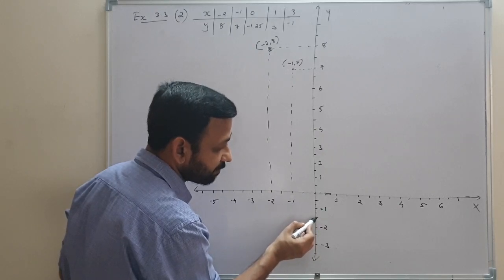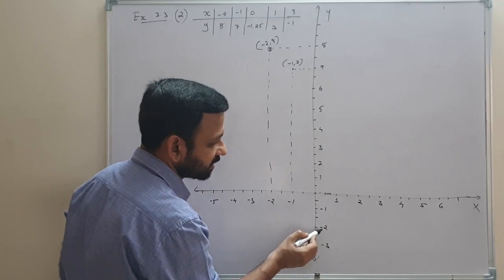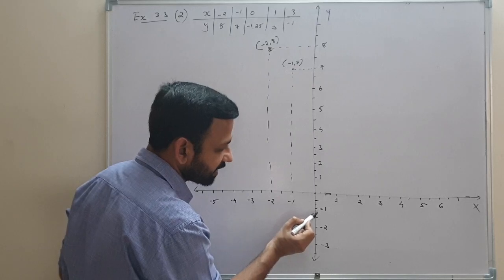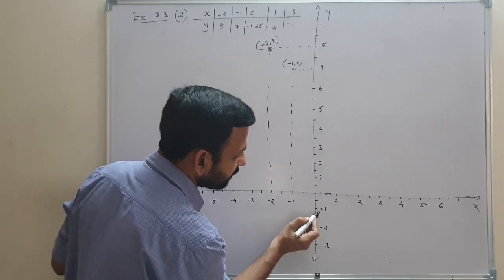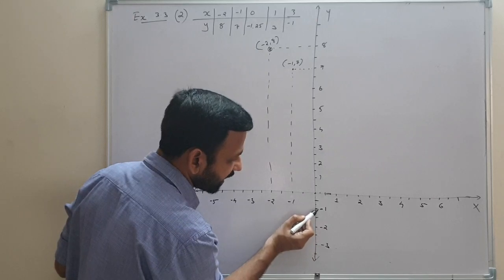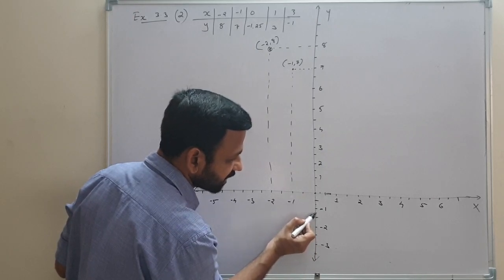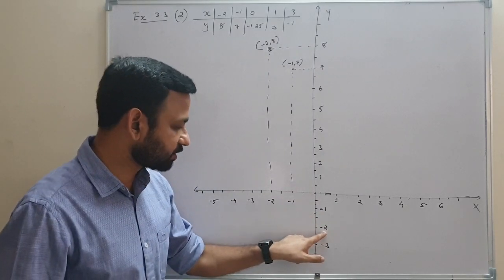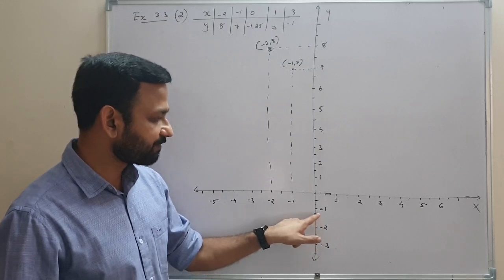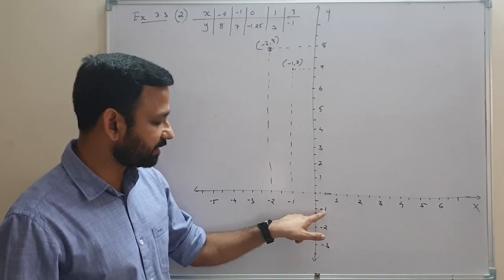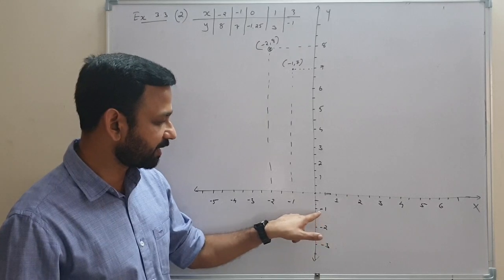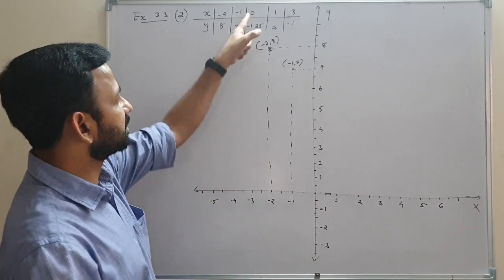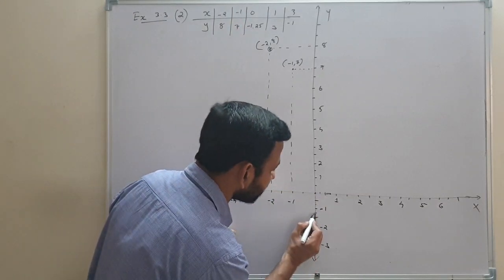The middle one is minus 1.5, so minus 1.25 is the midpoint of minus 1 and minus 1.5. The x coordinate is 0, so this is that point.